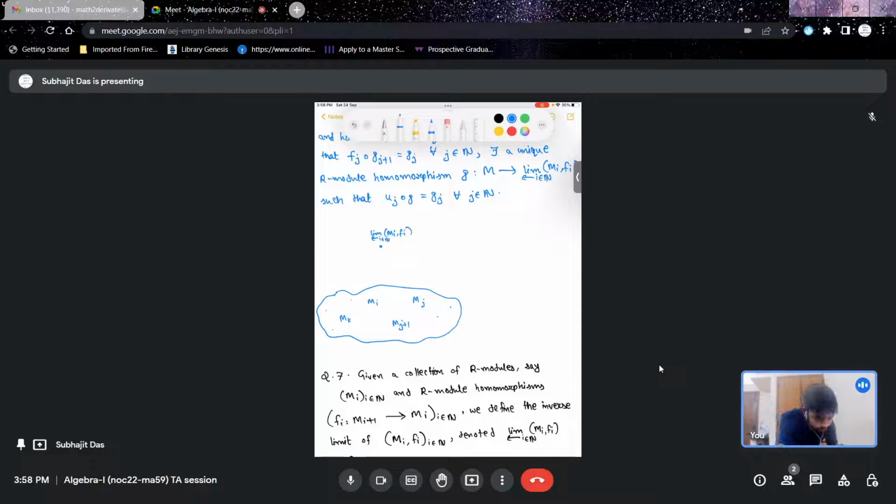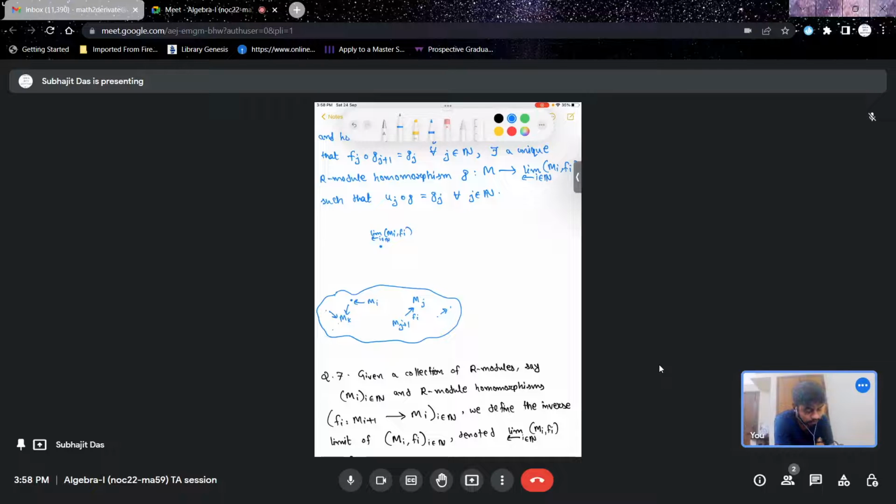The limit is an object together with arrows to each such object. Before we talk about the limit, in this given collection of objects Mi, you are given these arrows, right? Let's say you have an arrow from this to this, this to this, and so on and so forth.